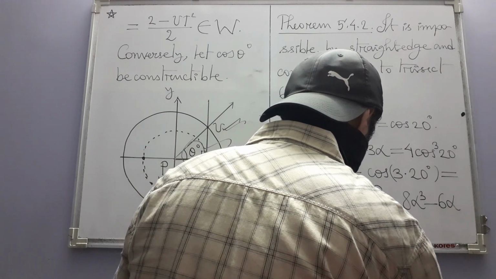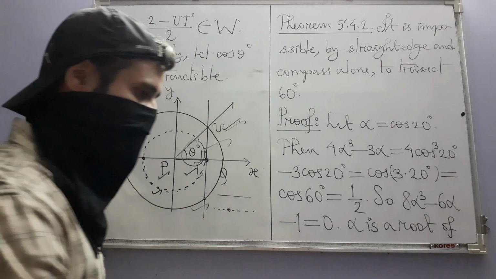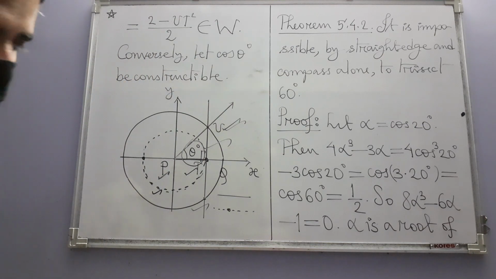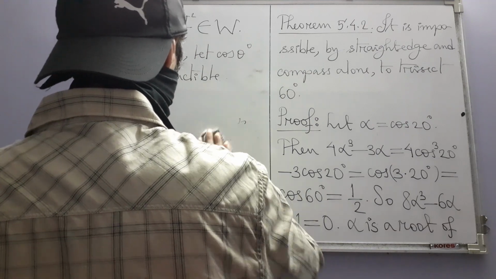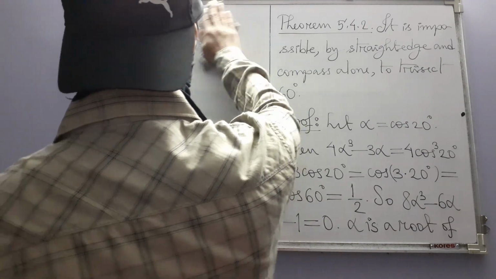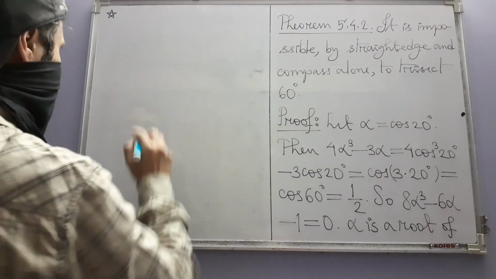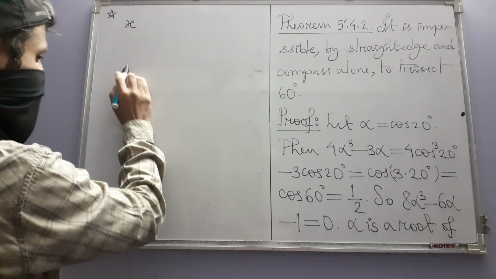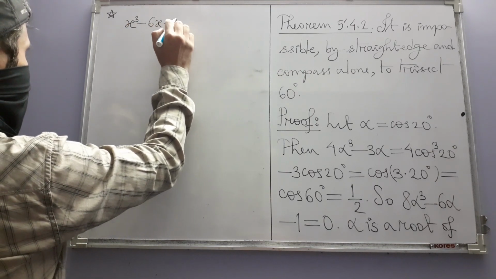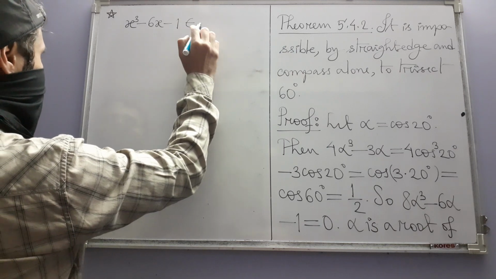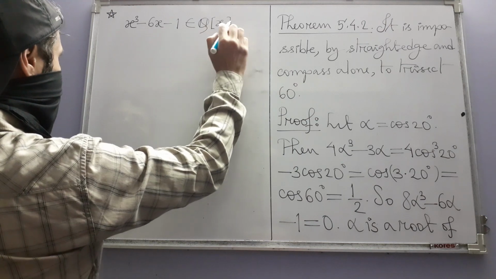That alpha is a root of this polynomial, x cube minus 6x minus 1, which of course is a polynomial over the field of rational numbers.